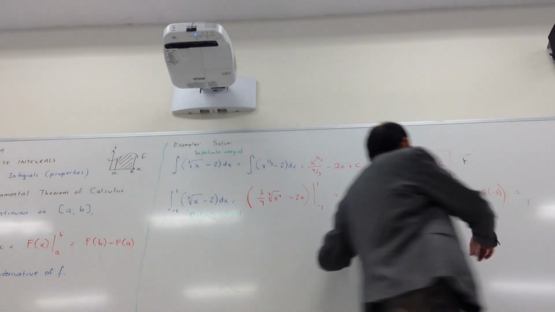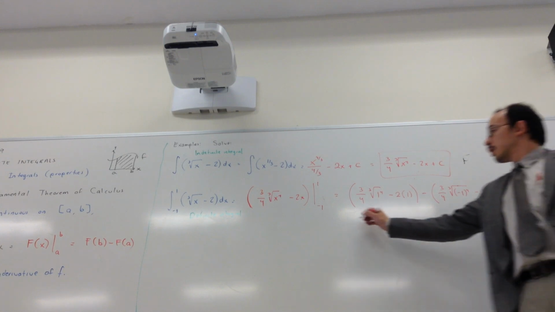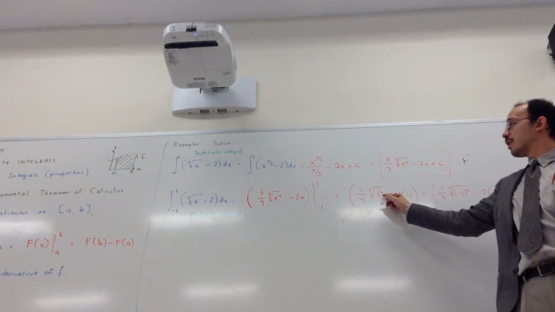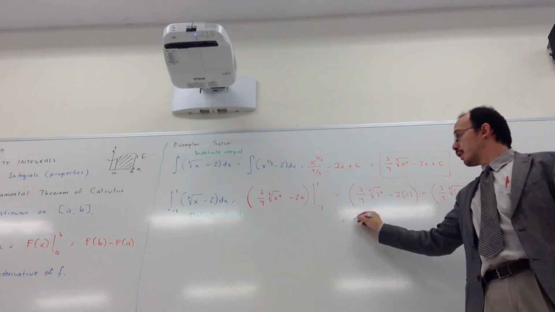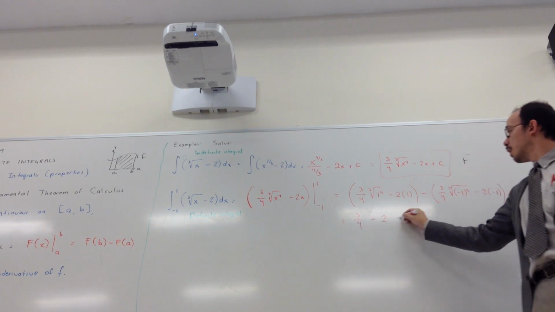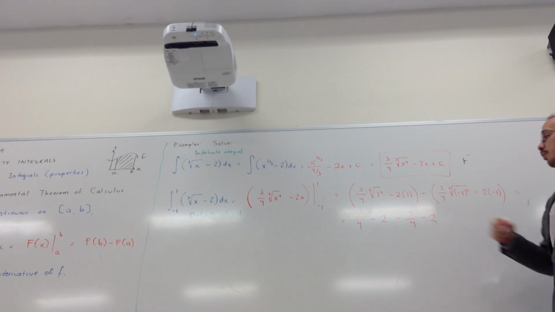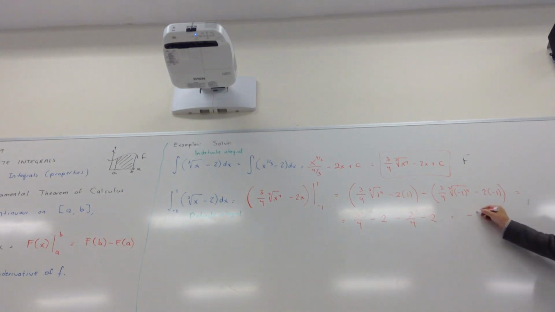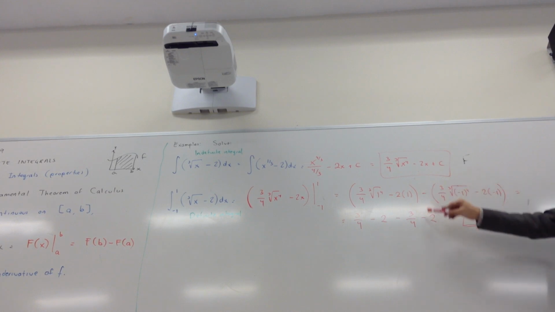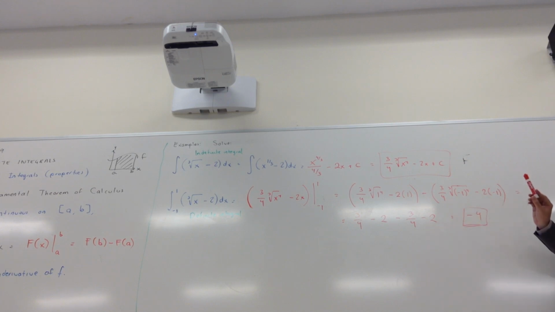And then we solve it. 1 to the 4th power is 1, here is also 1, so 3/4 minus 2 equals minus 4, which is a number. Why minus 2? Because minus 2 times minus 1 is positive 2, times the minus becomes also minus. So the answer is minus 3.